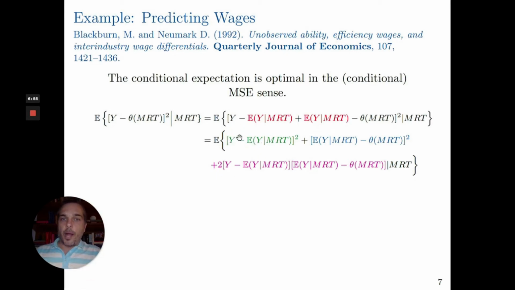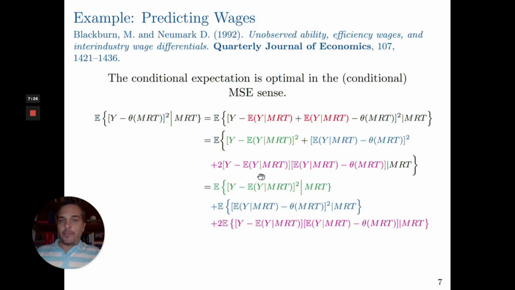We are going to take one y and one conditional expectation. Remember, there's a square here. We have the square of this term, the green term, then the square of the blue term, that will be the square of the difference of the conditional expectation and the function theta, plus 2 times the cross product of these two terms. Everything conditional on MRT.